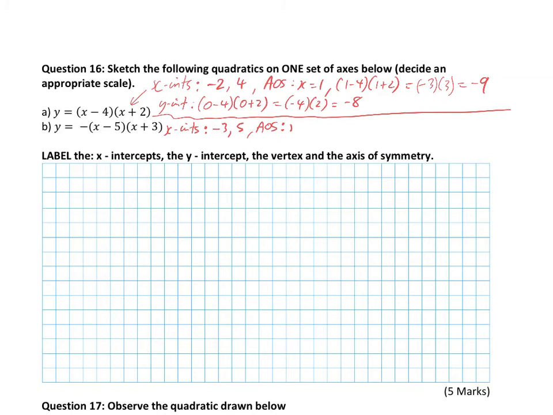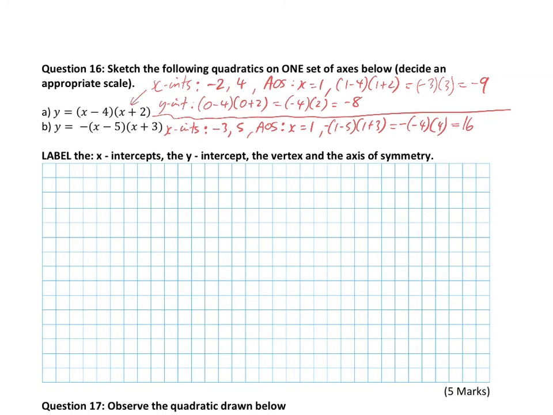That's also going to be at x is equal to 1. The vertex is going to be when x is equal to 1, so it's going to be negative 1 take 5, 1 plus 3 equals negative 1 take 5 is negative 4, and 4. Negative of negative 4 is 4, times 4, 16.